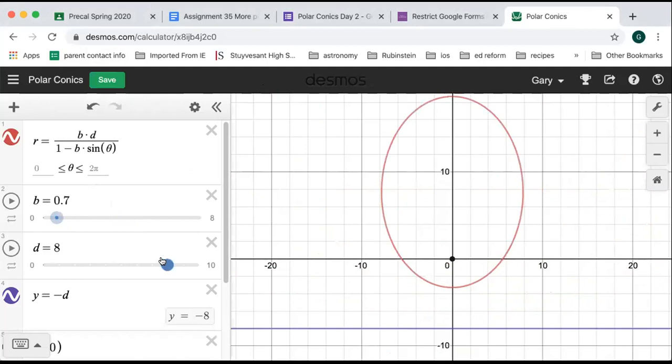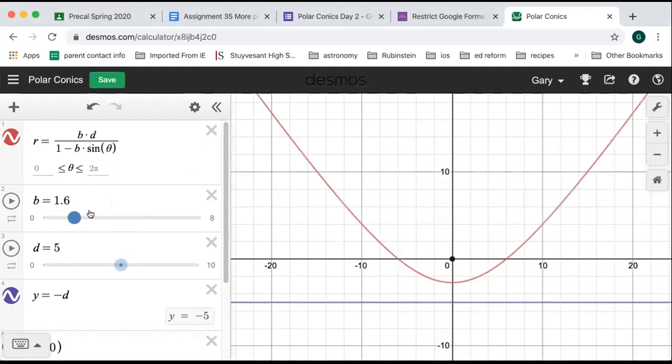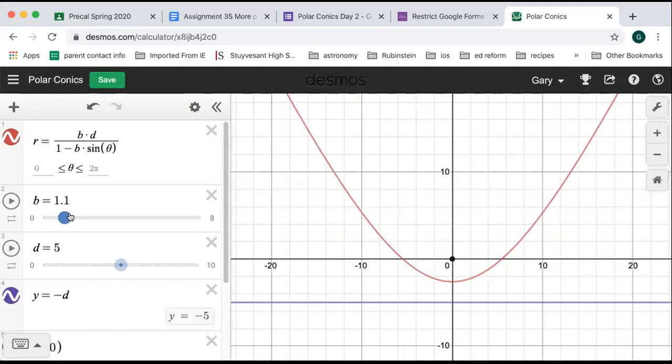And I could actually change what D is also, and E. So in this way, polar conics are a little bit easier than rectangular conics in that they only have one equation that they all are based on. But it's very specific because the focus has to be at 0, 0, and the directrix in this case has to be y equals negative something.